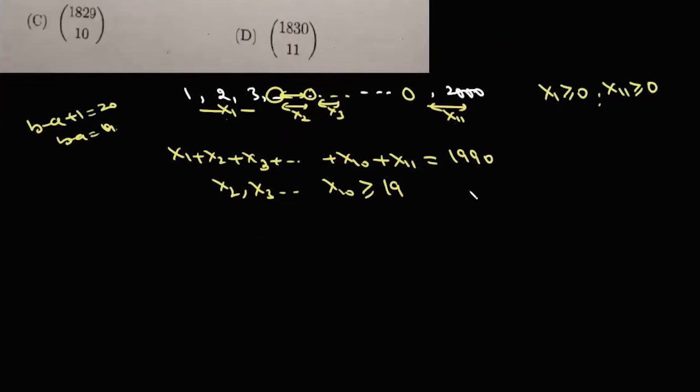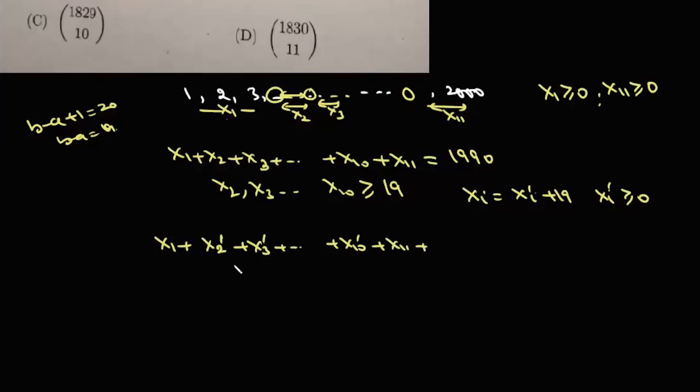Now what do we do in this situation? We replace xi with x dash i plus 19, where x dash i is greater than or equal to 0. So we can write x1 plus x2 dash plus x3 dash plus up to x10 dash plus x11, and then we have these 9 values, so there will be 9 into 19 and it is equal to 1990.